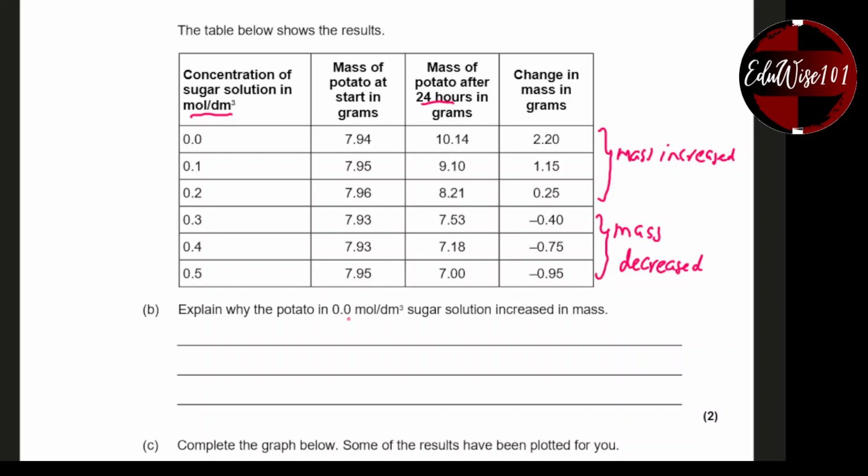Explain why the potato in 0 mole per dm cube sugar solution increased in mass. Why did it increase in mass? The only reason that it would increase in mass is if water moved into the cell. So, first point to get 1 mark, water or H2O moved into the cells. The second mark is to say, explain why.